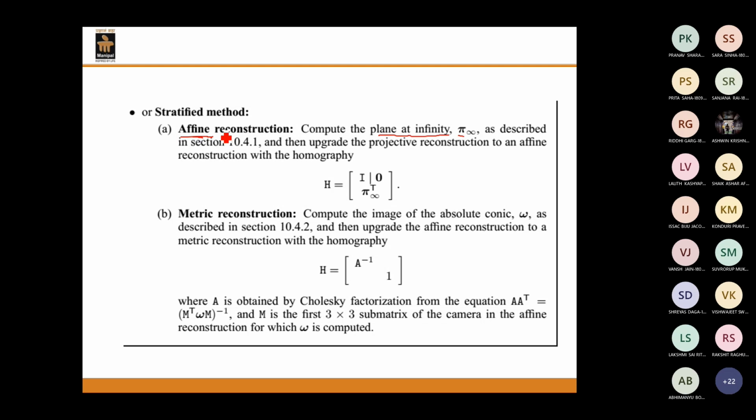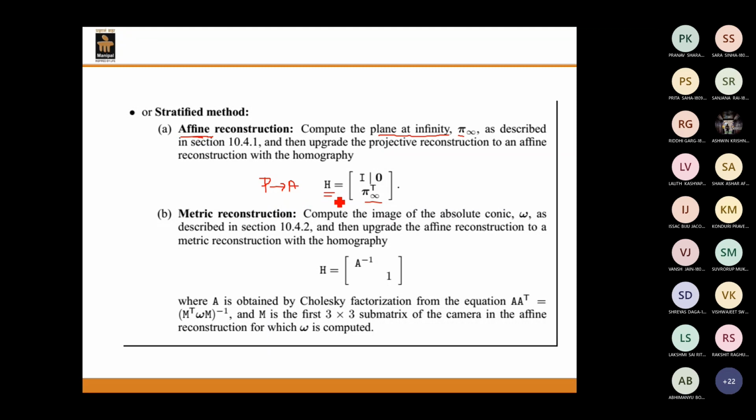Provided those points at infinity are not collinear, you can find the plane at infinity, right? Once you have pi infinity, you can find the transformation matrix, or the mapping from the projective space to the affine space.